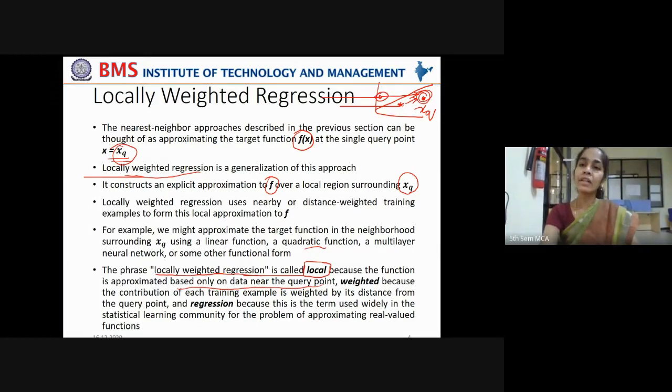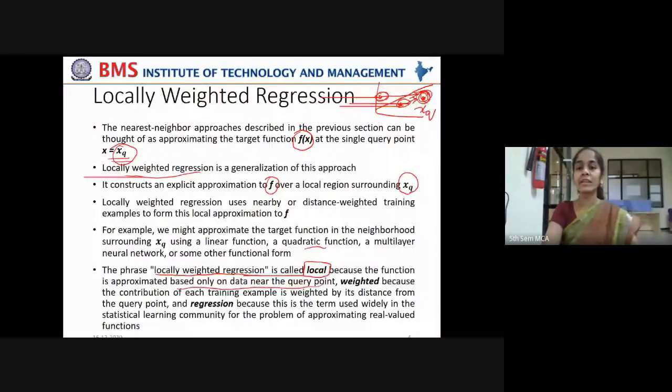So all the nearest neighbors will be given more weight and all the far neighbors will be given lesser weight. Based on this weight, we are trying to understand its contribution in predicting the class of the new instance, whether it belongs to a star class or a circle class. Okay, so that is why we are calling it locally weighted regression.